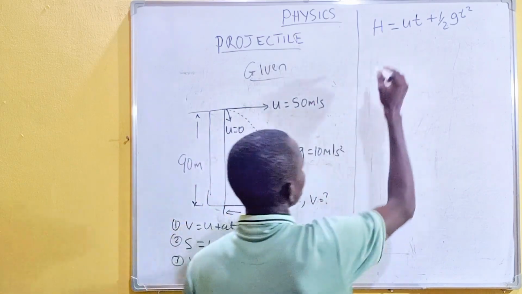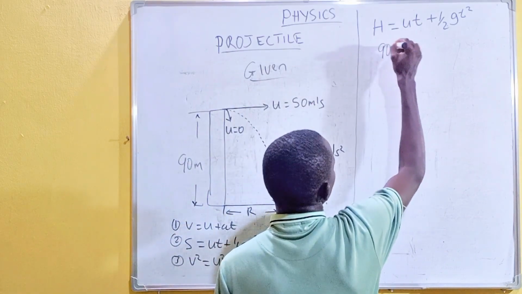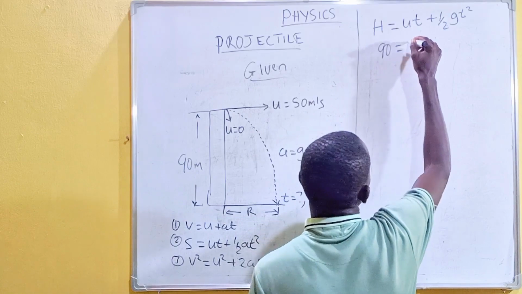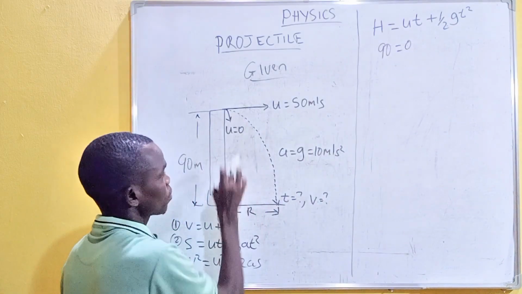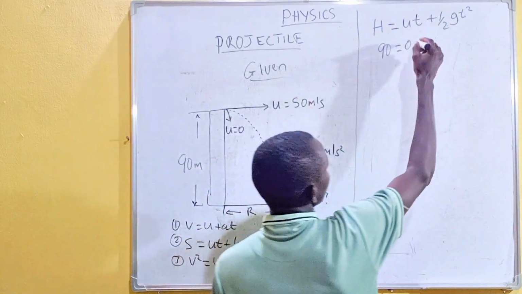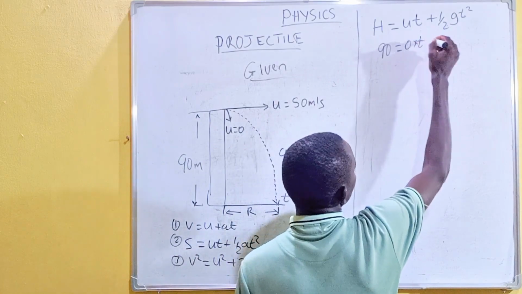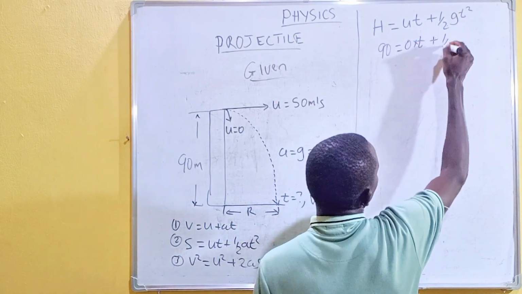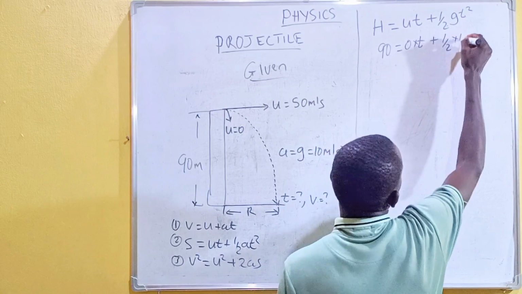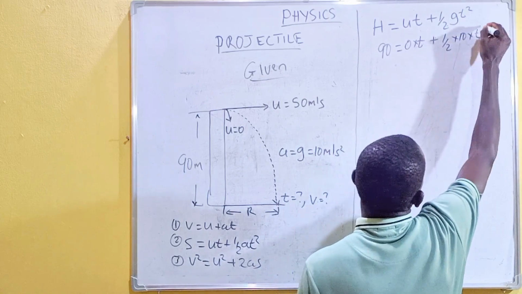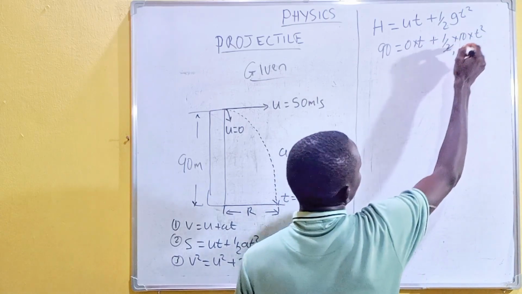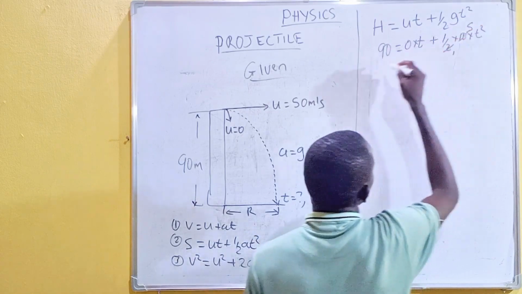The height we are given as 90 is equal to the initial velocity for the vertical aspect, which is 0, times t plus 1 over 2 times 10 times t squared. 2 here we have 1, 2 here we have 5.